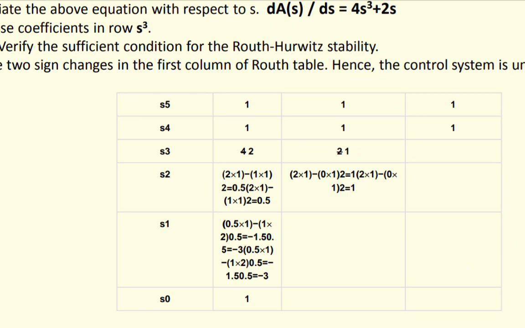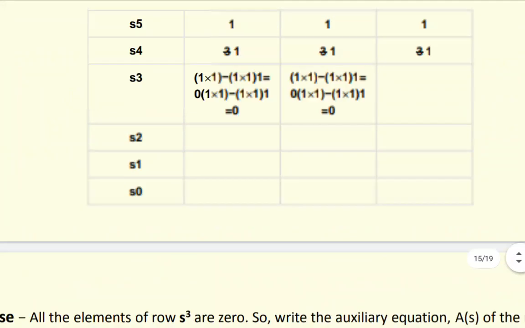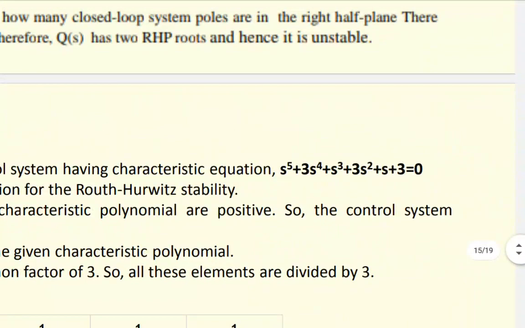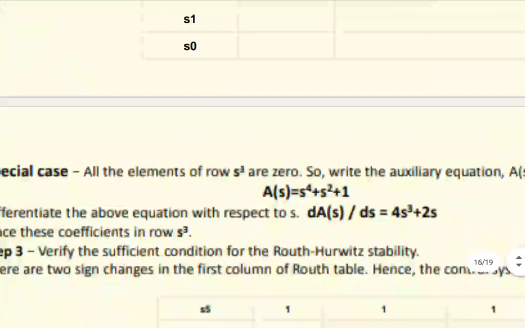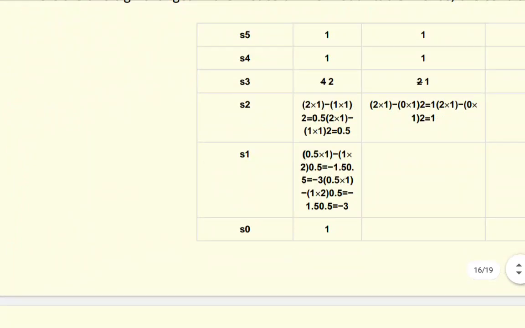I am taking common 2, so 4 becomes 2 and 2 becomes 1. Then the multiplication continues as usual. The s^2 row contains 0.5 and 1, the s^1 row contains -3, and the s^0 row contains 1, that is matched. That is 3 already, because I took the common factor, that's why it comes as 1. If I do not take the common factor, then it comes as 3.